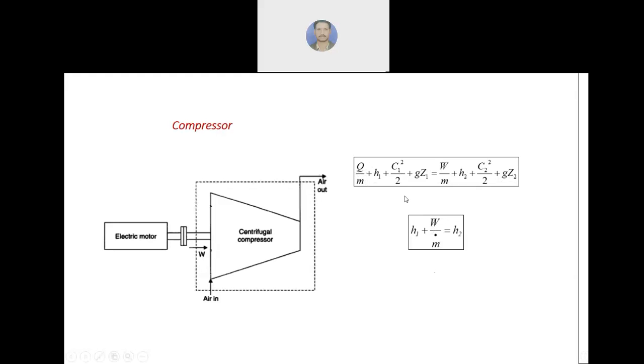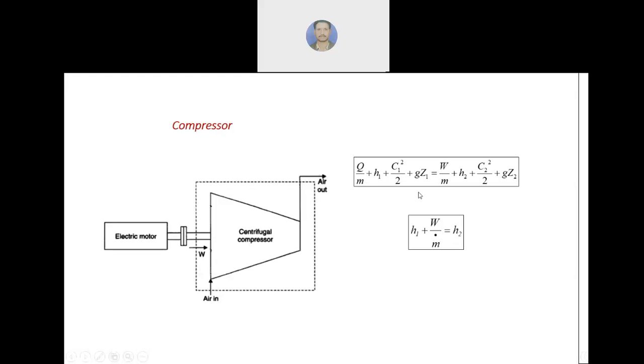Otherwise, you can't consider it. Similarly, this Z1 and Z2. If it is given constant, or no data is given in the question or numerical, then you can neglect it. And if some height or difference in height is given, you can't neglect it.